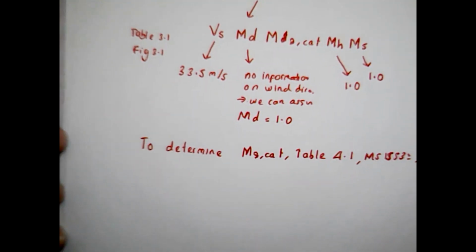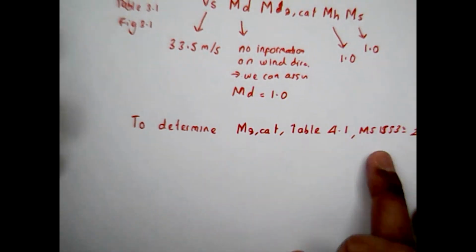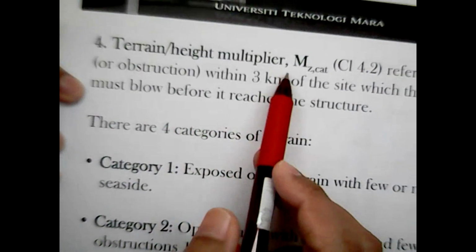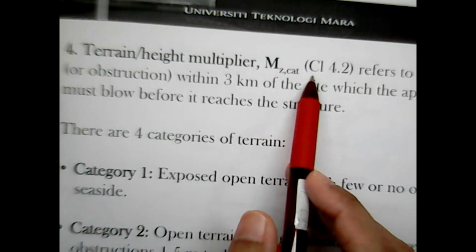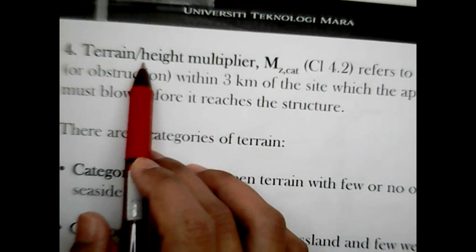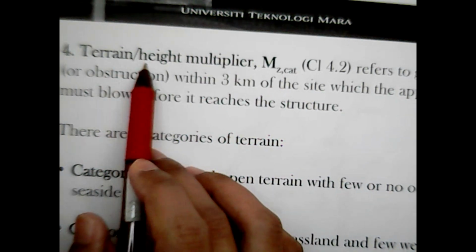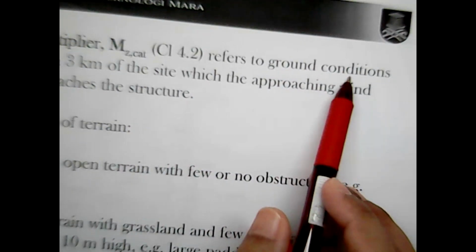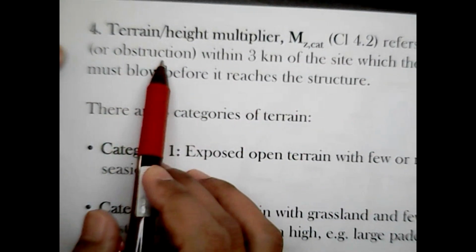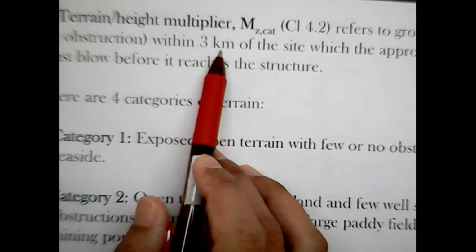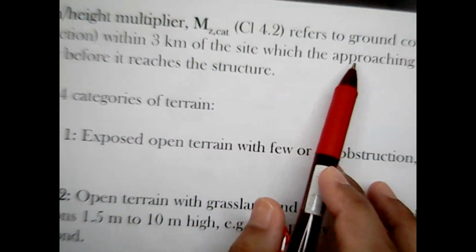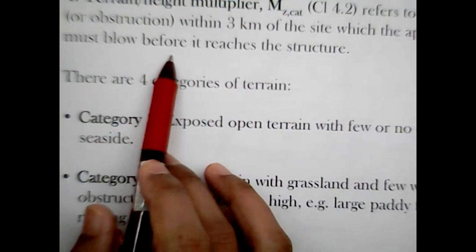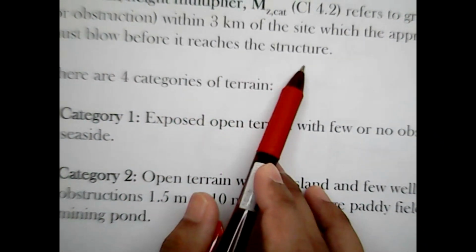So for you to find MZ cat from table 4.1, let me show you here. MZ cat is from clause 4.2. It is the multiplier for the terrain or height category. It refers to ground conditions or obstructions within 3 kilometers of the site which the approaching wind must blow over before it reaches the structure.